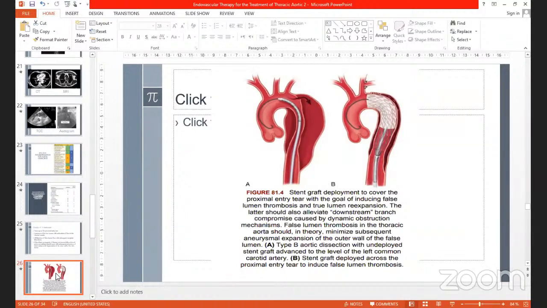Very well. Any more questions? Yes, if I may ask a question. Yes, please. What about the role of aortic debranching and the role of endovascular type A treatment?